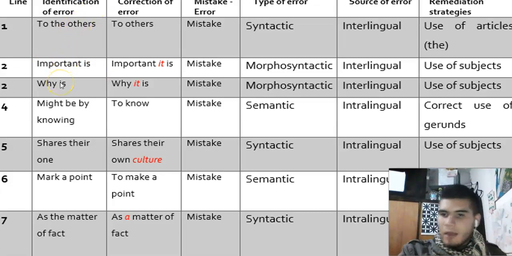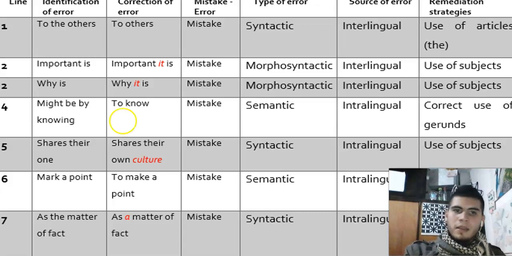Why it works in Spanish but in English doesn't. Why it is the right manner to say. Now, here, "shares the arm." Excuse me, this is a mistake. The arm, the what? If I don't say the subject, that could affect the speech or the meaning of the sentence: "shares their own culture."